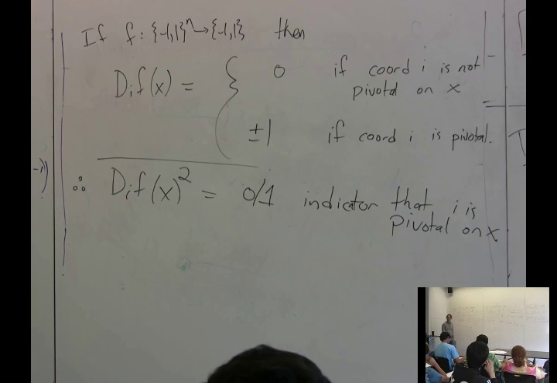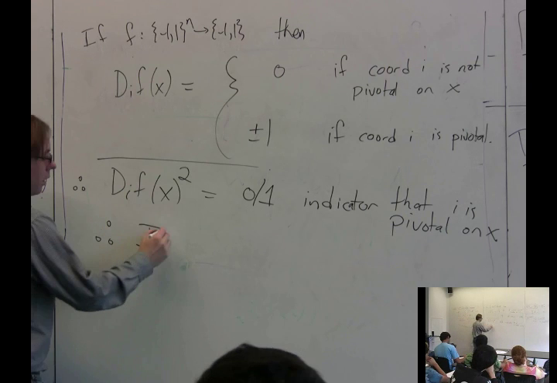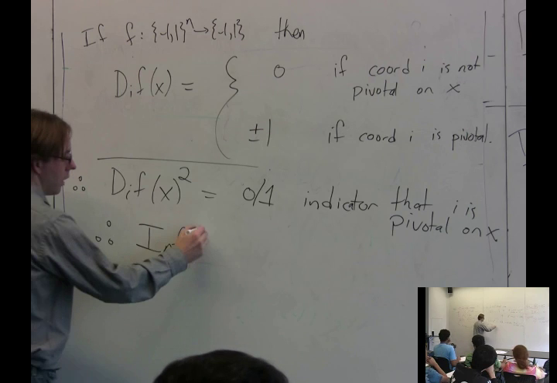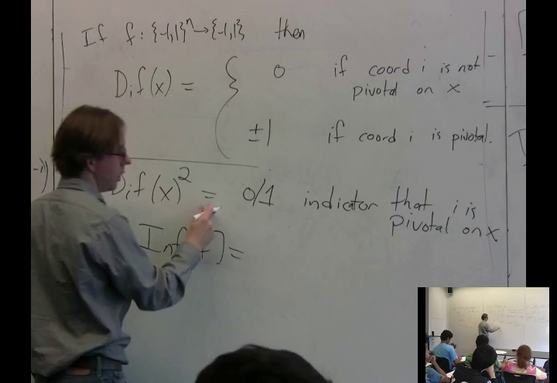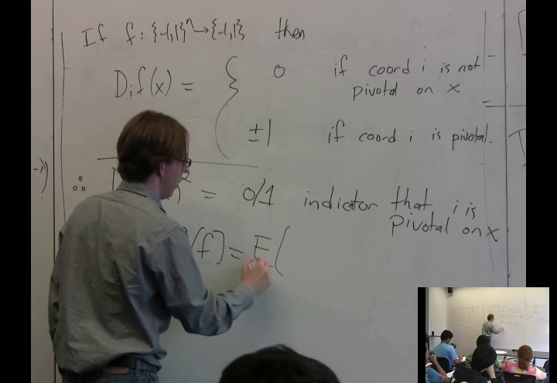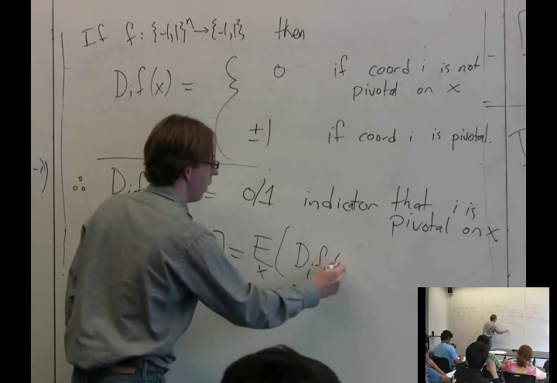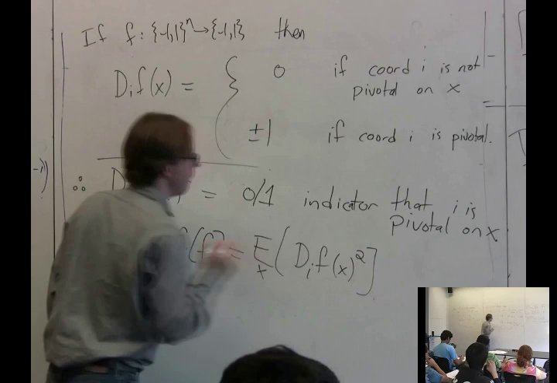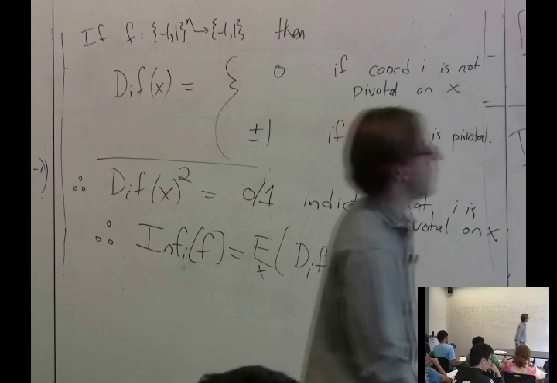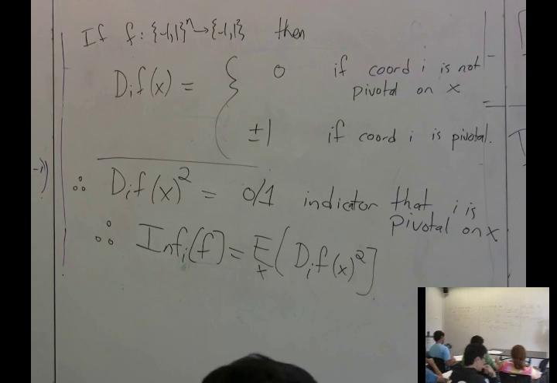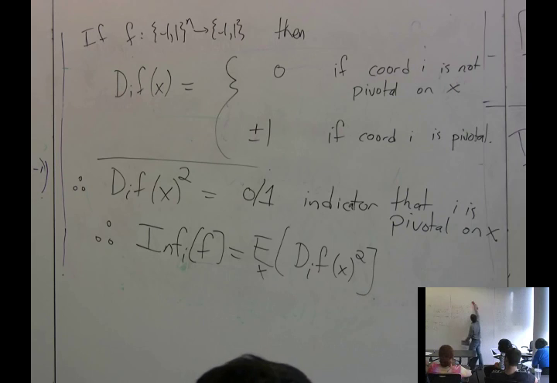The expectation of D i f of x squared is then just the influence. Exactly. So the influence of i on f in this case is just the expectation of this. So that's another way to write the influence, and this is what we're going to take as our definition of the influence of a general function.